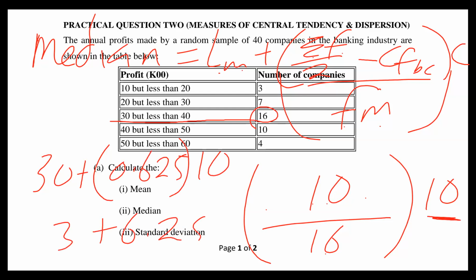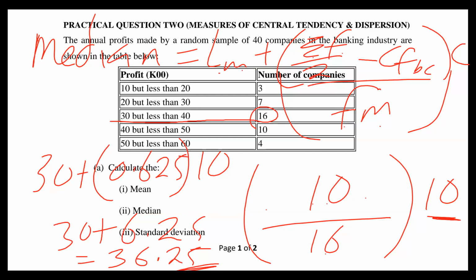So your median will be 36.25. Is that clear? Yes, it is. Right, we have found the median. Very, very important.